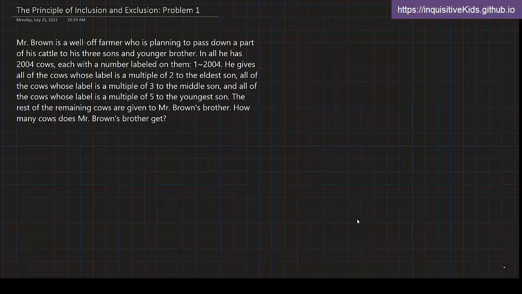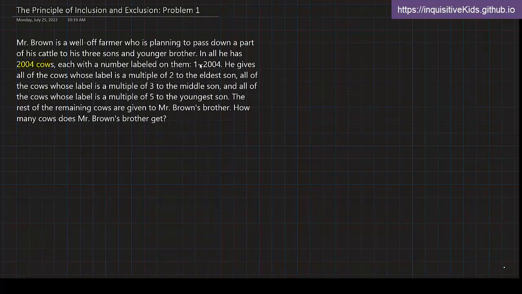Mr. Brown is a well-off farmer who is planning to pass on a part of his cattle to his 3 sons and younger brother. In all, he has 2,004 cows, each with a number labeled on them, 1 through 2004.